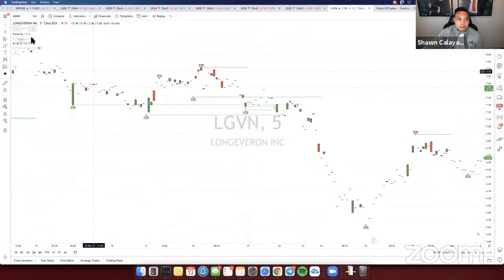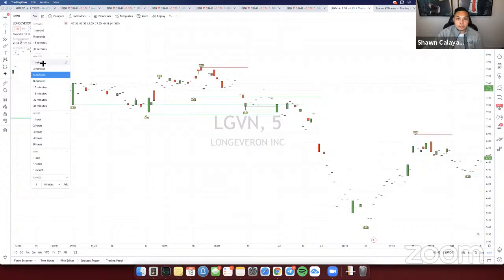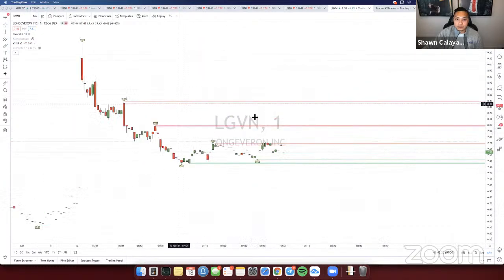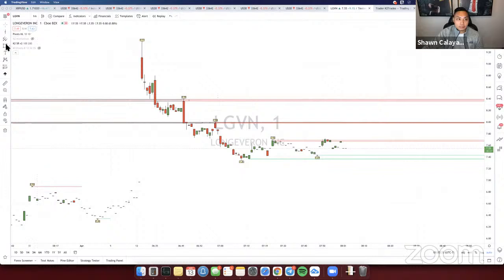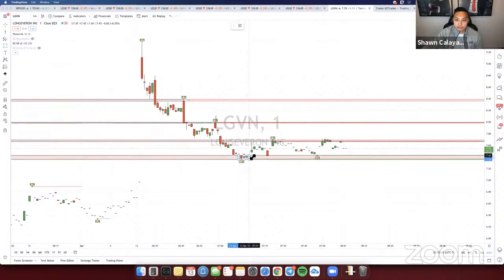You can see it doesn't matter if you're trading forex, indices or whatever, you can still identify these zones right here. Depending on how you trade this specifically, LGVN, I don't really trade stocks anymore. I stopped trading stocks over 8 years ago, so I haven't traded stocks in a long time.